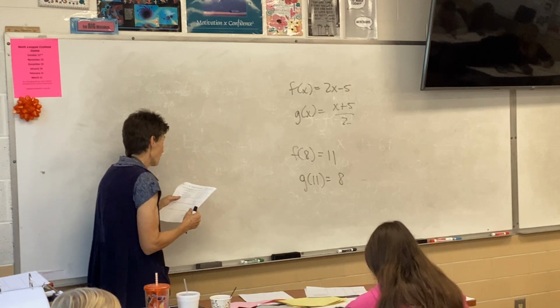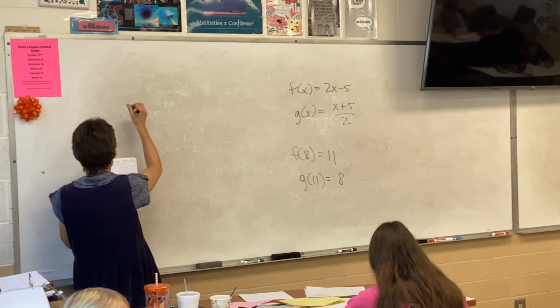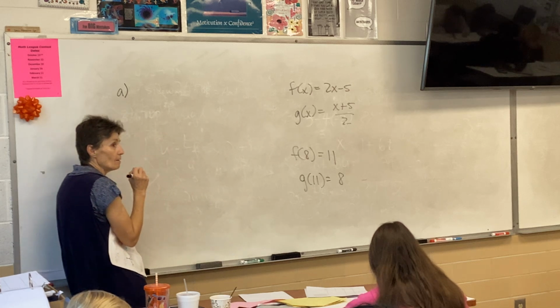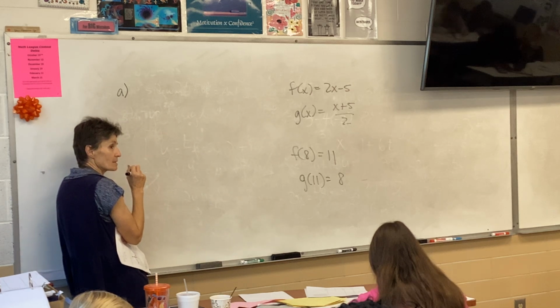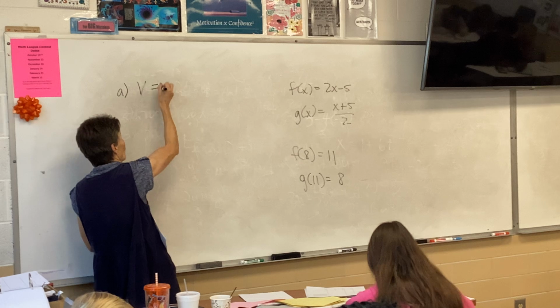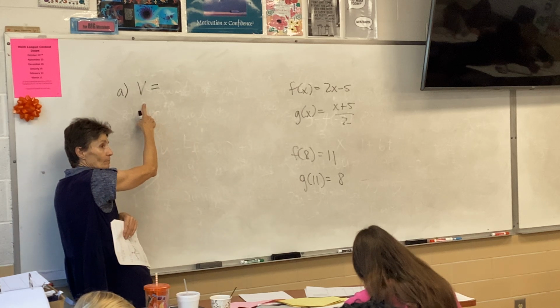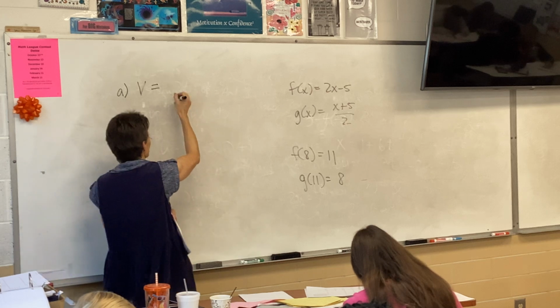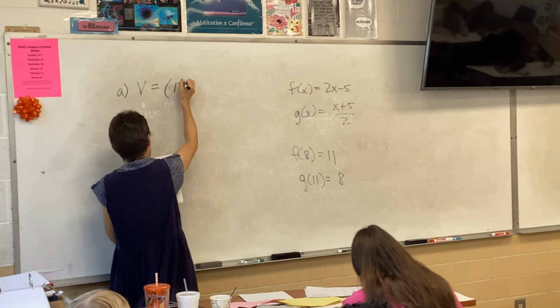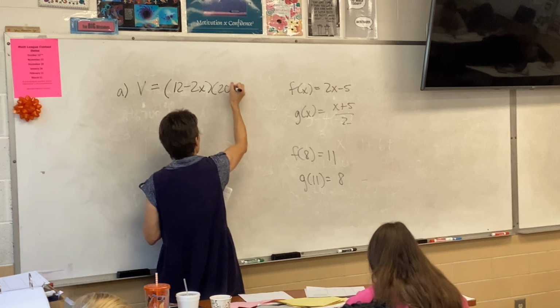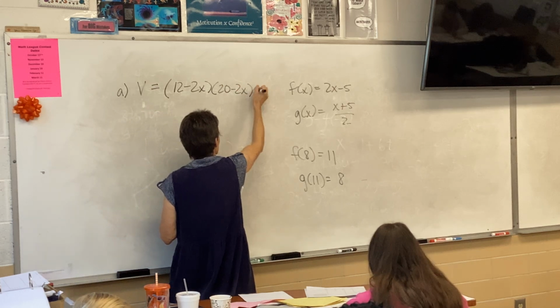So here we go, our box. First question says, write an equation for the volume of the box. Volume or y, I put V here, you can put y. Equals what? 12 minus 2x, 20 minus 2x times x.